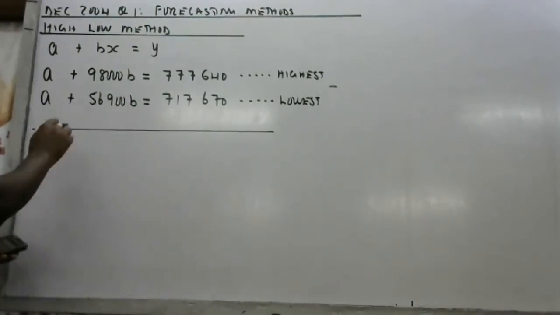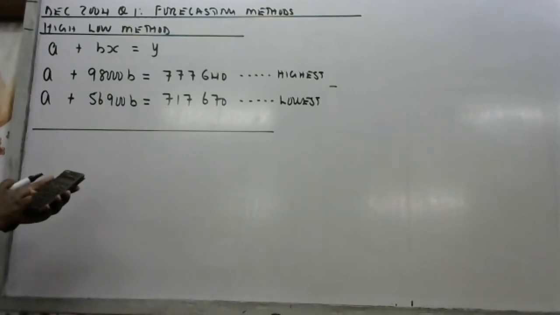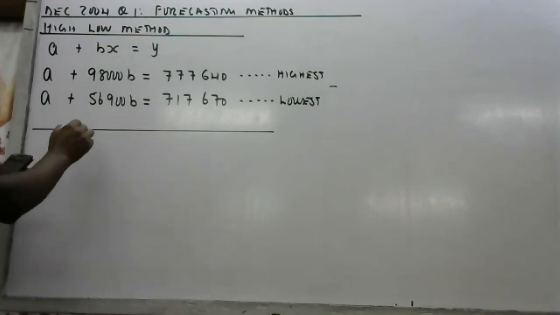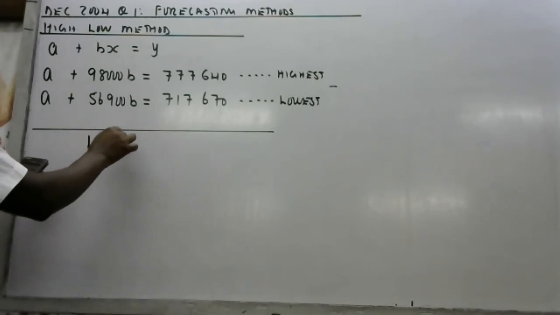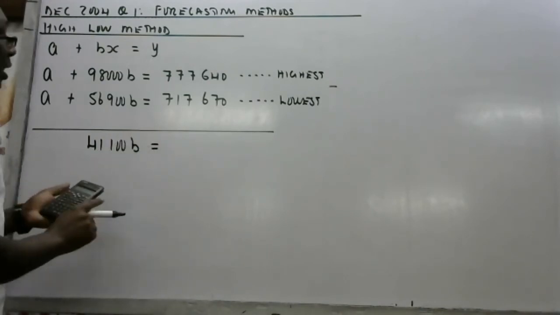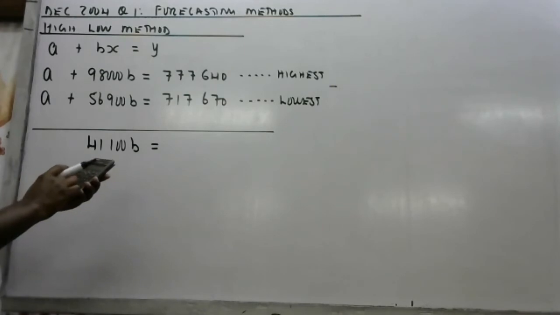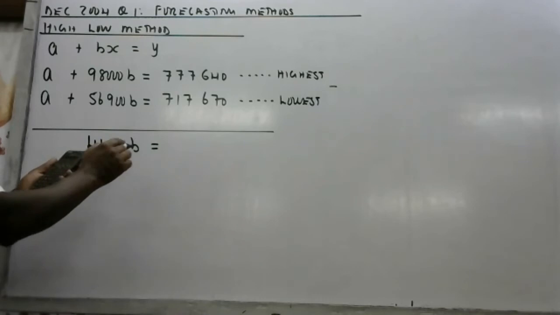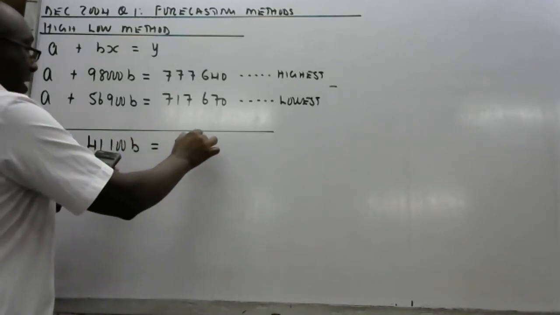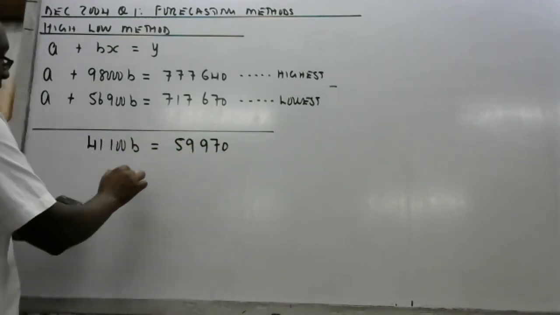utasema 98,000 minus 56,900 is 41,100 B. Alafu huyu mwingine atakuwa 77,640 minus 17,670 is 59,970.